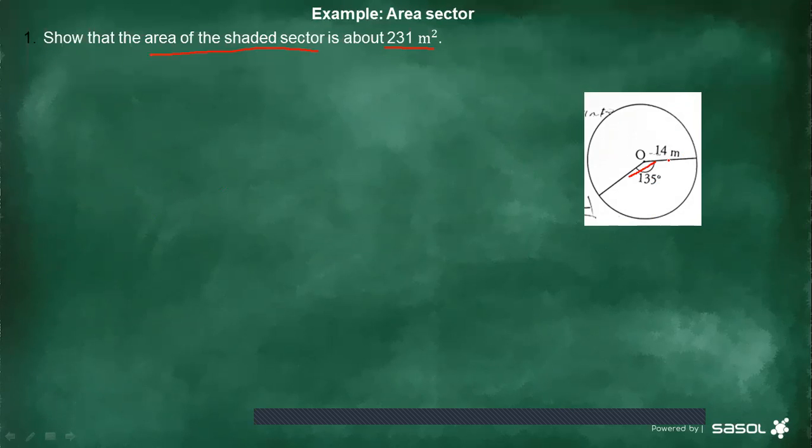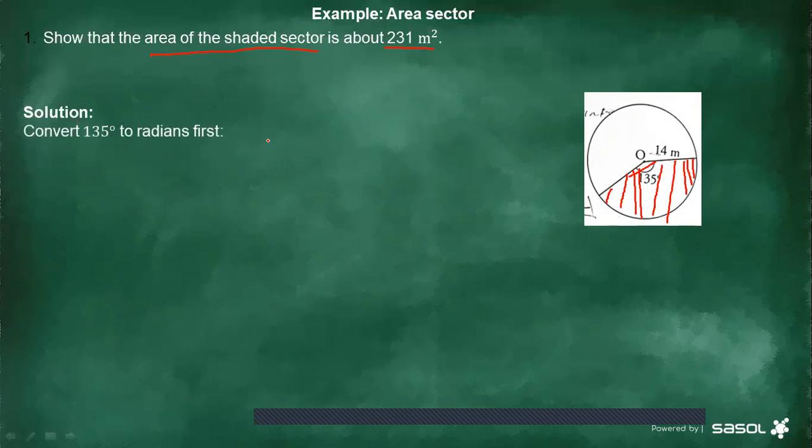Let me just try to highlight it so that you can see which part that is. This side, this one here. Okay, this portion, right? Yes, we will be calculating the area of that, and they've already determined that area. We just have to prove it. Then let's see how we calculate that.